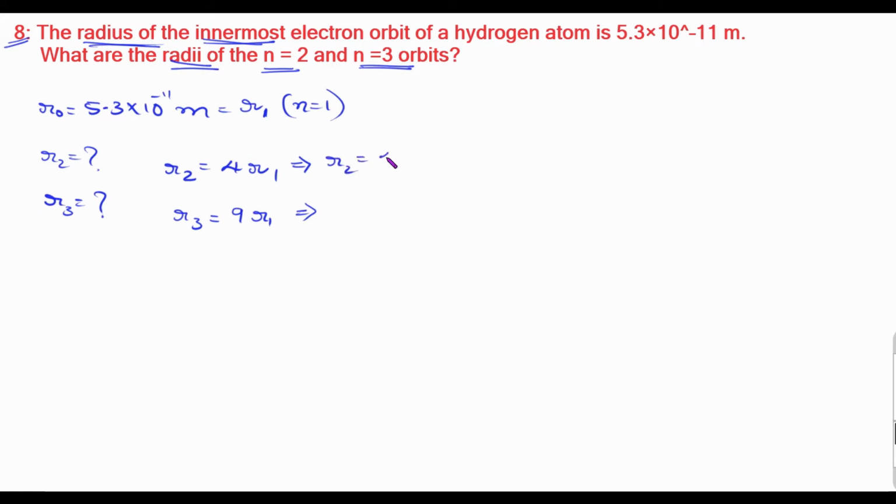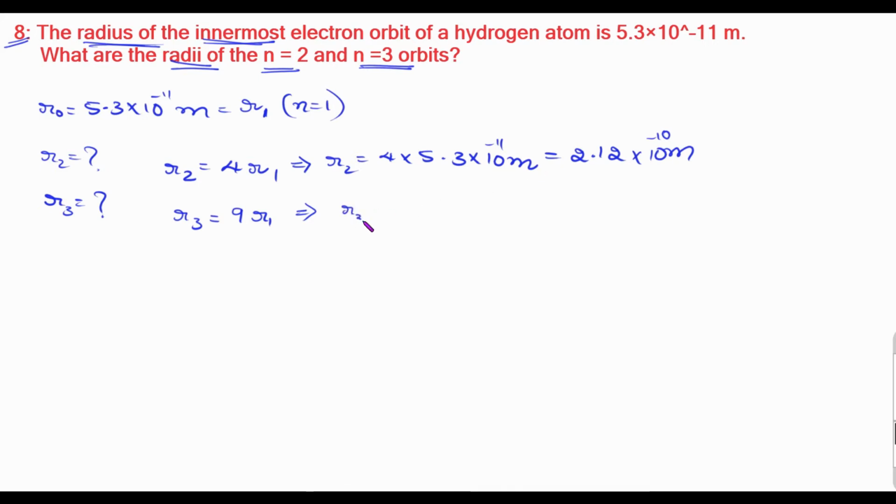R2 is equal to 4 × 5.3 × 10^-11 meter, which will be equal to 2.12 × 10^-10 meter. So this is the value of the radius for n = 2.